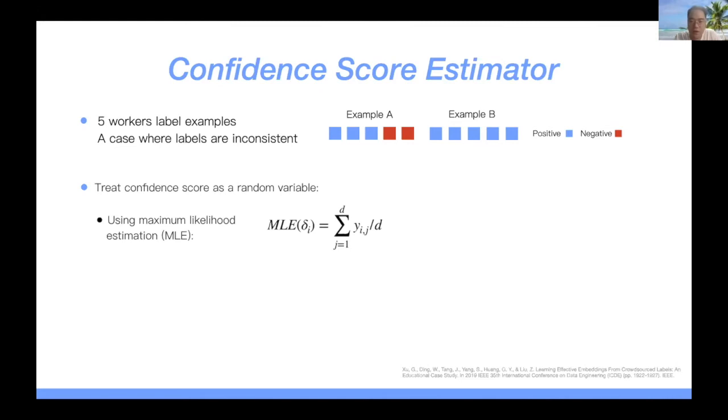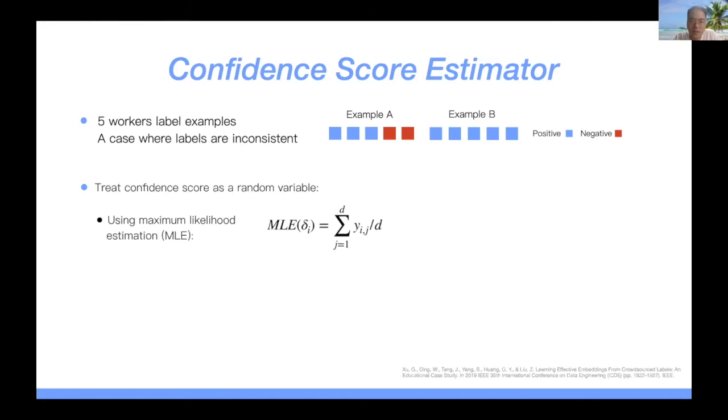According to MLE, the score of example A would be the sum of all the positive votes, 3, divided by 5 workers, which is 0.6, and example B would have a score of 5 divided by 5, which is 1.